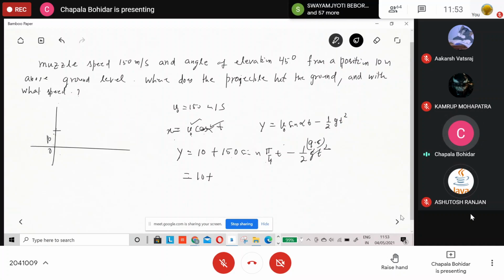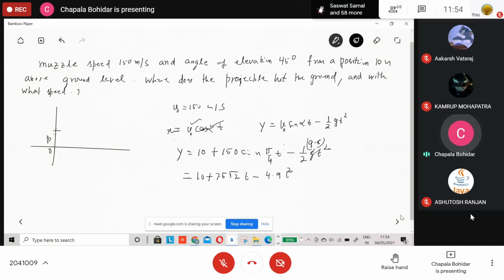So I can say it is 75 root 2, because 2 into 75 is 150. So I can cancel this root 2 t minus, it is to cancel out 4.9 t square.